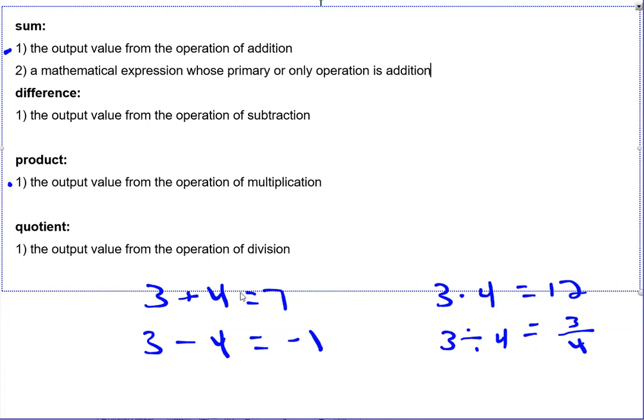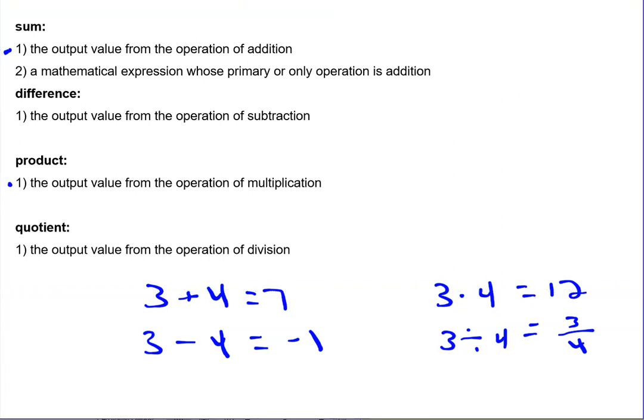I talk about this expression, 3 plus 4, as a sum, as opposed to this expression, which is a difference. Right? If I'm talking about the sum, I'm talking about the value. If I'm talking about a sum, I'm talking about the expression. And the same is true for all these other ones as well.